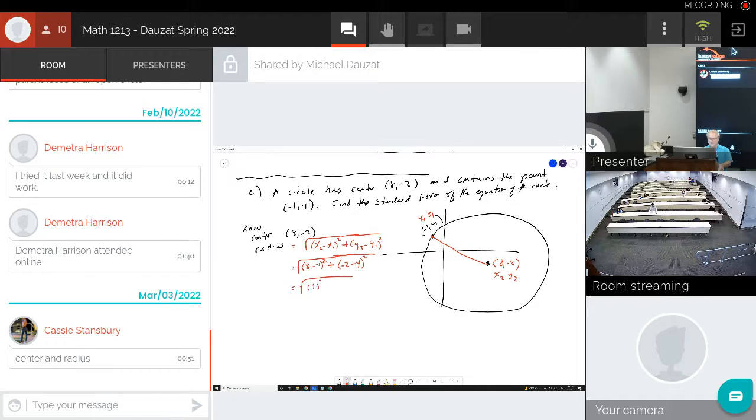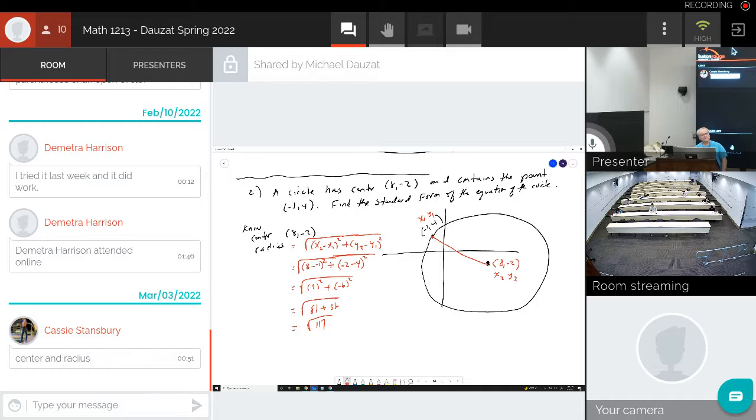And what's 9 squared? 81. Plus, what's 2 subtract 4? And what's -6 squared? 36. And what's the square root of 81 plus 36? What's 81 plus 36? 117? Okay, so there's a radius. Just using the distance formula.